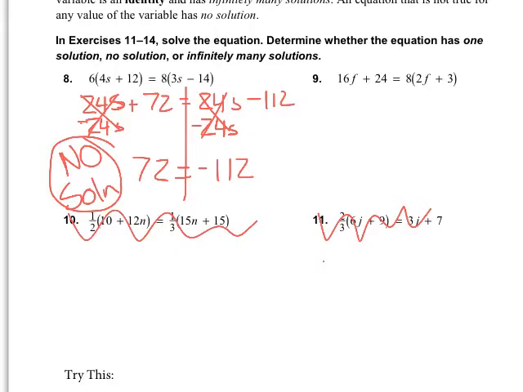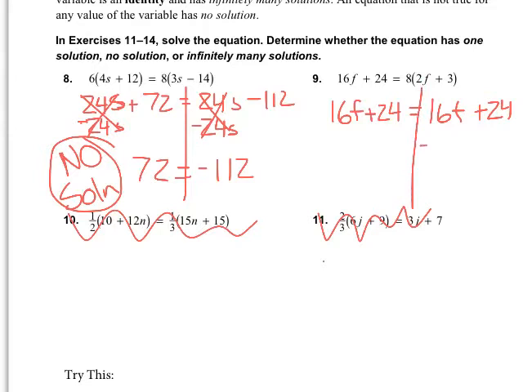Let's look at number 9. Is there anything we can do to simplify the left-hand side on number 9? No, there's not. So I leave the 16f plus 24 alone. On the other side, 8 times 2f is 16f. 8 times 3 is plus 24. And now I can go ahead and do my opposite.